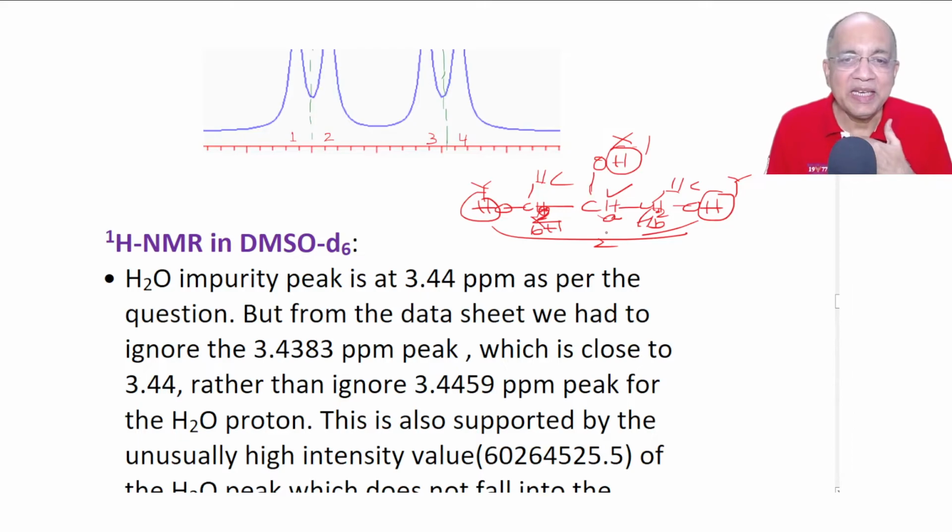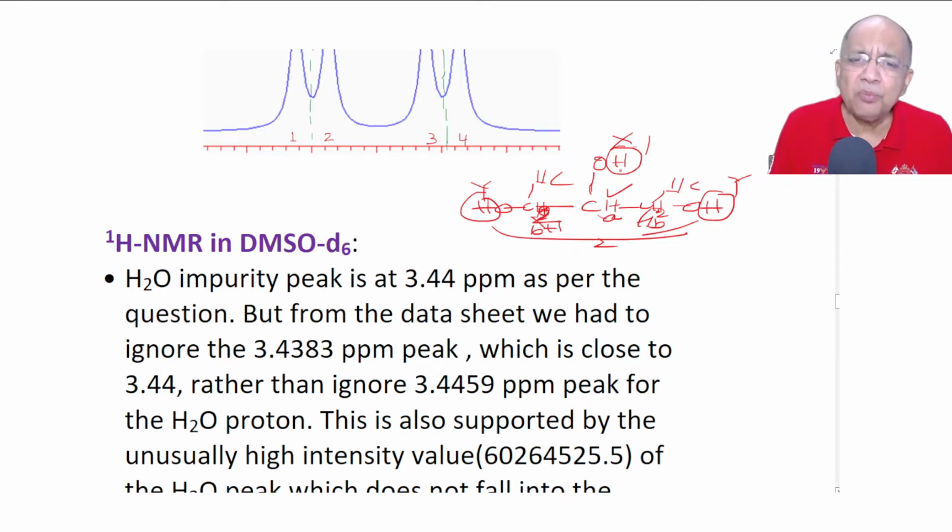You can immediately say that it will be a doublet of triplets. Why? Because this one, no, this will be a sextet. I'm so sorry about it. Now this one has how many neighboring protons? 2 plus 2 plus 1, 5 plus 1, 6, sextet.